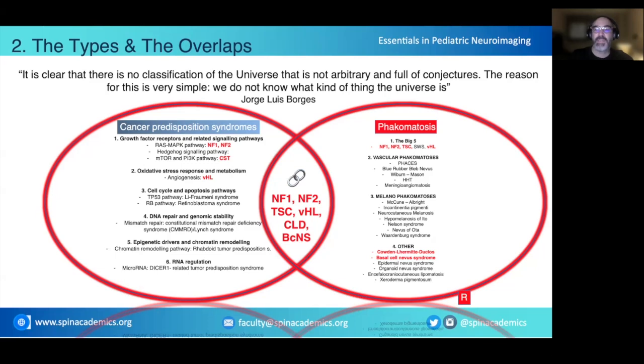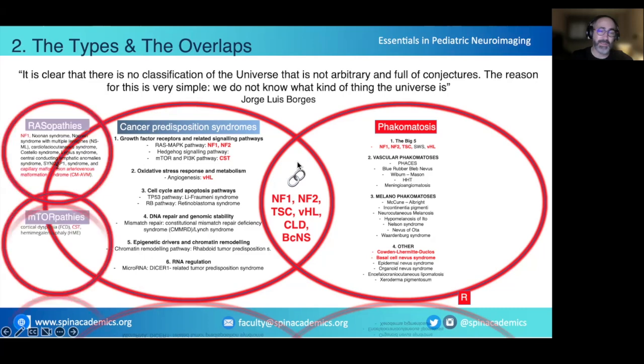So phacomatosis have things in common with other groups of entities, recent and new, which are grouped, for example, in cancer predisposition syndromes. You would find also NF1, NF2, tuberous sclerosis, and von Hippel-Lindau in these cancer predisposition syndromes, as many others that are not phacomatosis. And also new, or relatively new, terms: rasopathies and mTORopathies, that are related with the pathway affected.